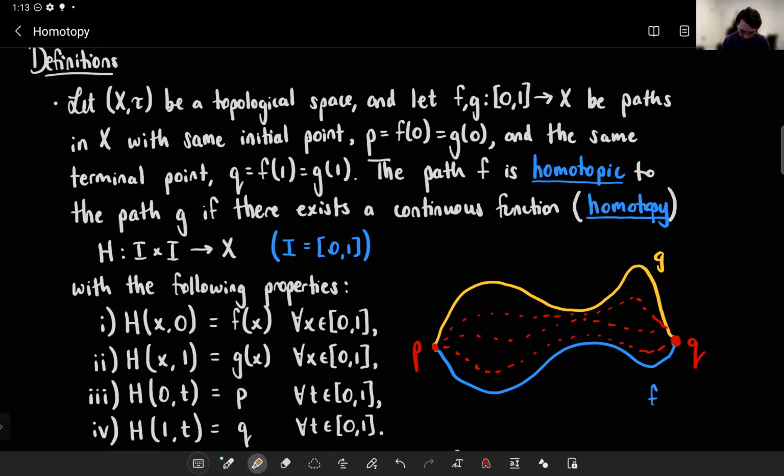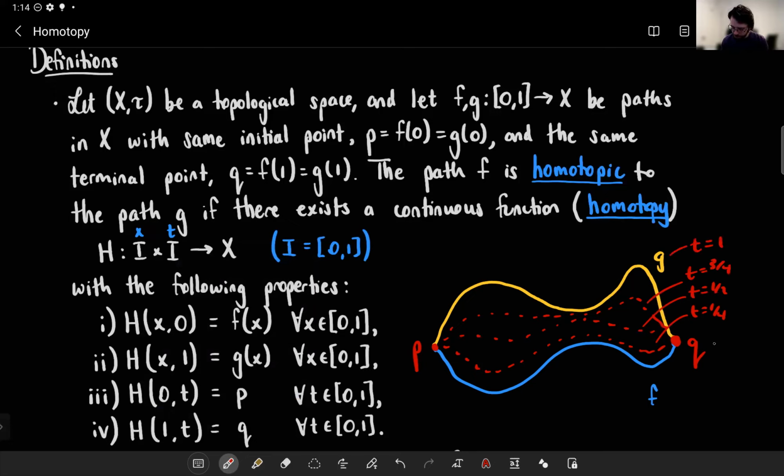What you're going to want to think about is this first variable is going to be your x variable. The second variable is going to be time, your t variable. And so time is measuring where we are along this procedure. So this was maybe t equals 1/4, t equals 1/2, t equals 3/4.